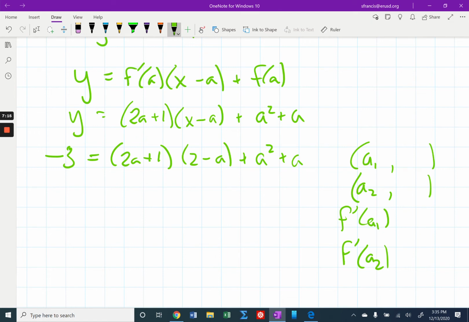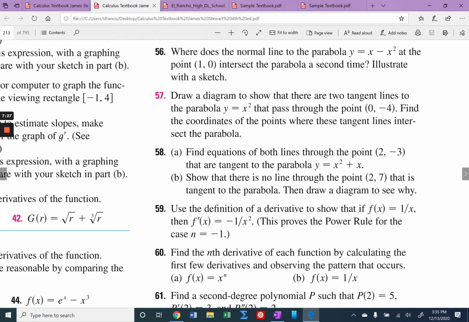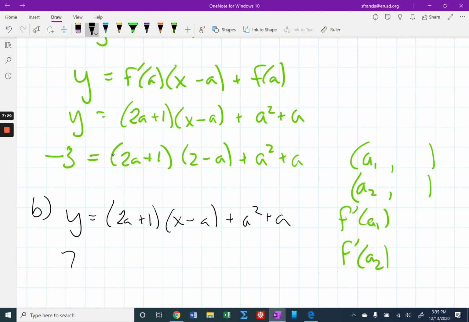Now, the second part of the question, part B, when we go back to this right over here, the other point is (2, 7), so you're going to plug 7 in for y, and again, 2 in for x. When you solve this, there should be no real solution. I'm not going to do the work for you, okay?